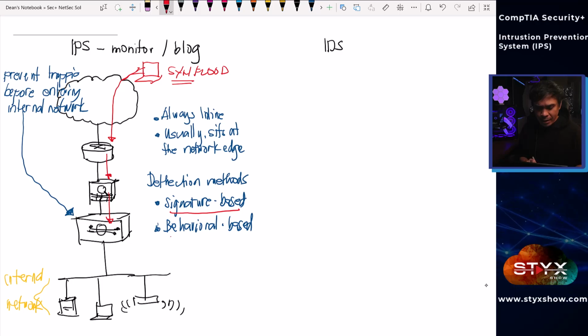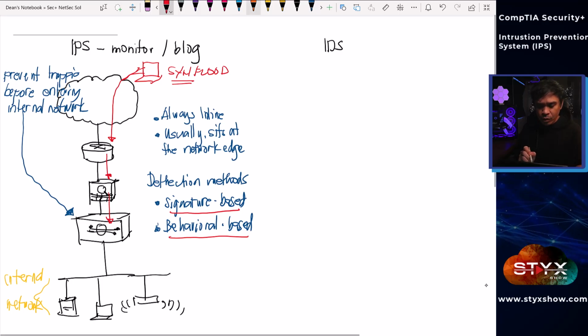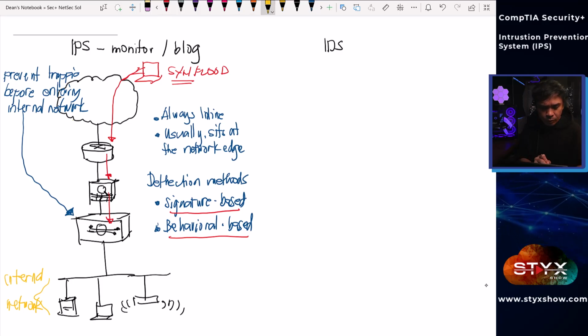Now the second is behavioral based. Sometimes this is called anomaly based. Now as you see, I'm gonna add other users here. Okay, so this user or users, let's say 100 of these, so they are sending normal traffic, and this will be collected and analyzed by our IPS.